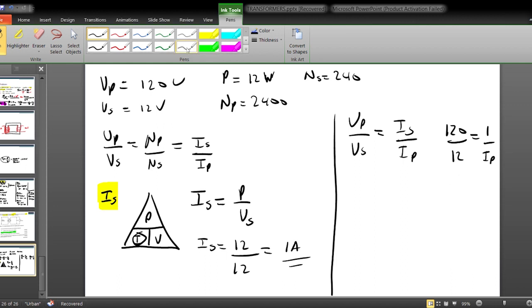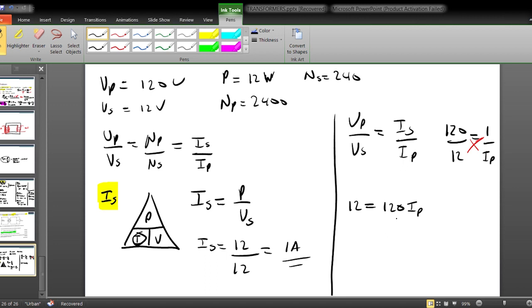Now let's cross multiply. 12 times 1 is 12. That's equal to 120 times IP, is 120 IP.